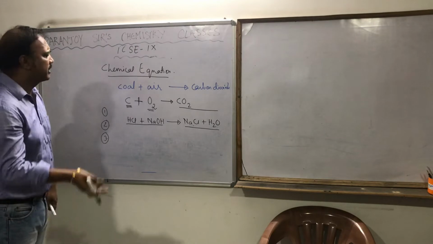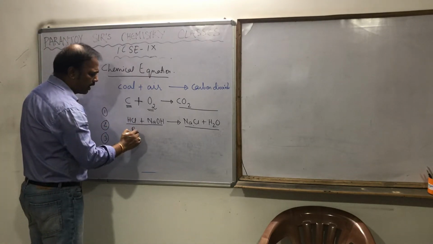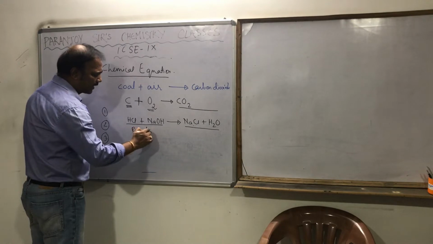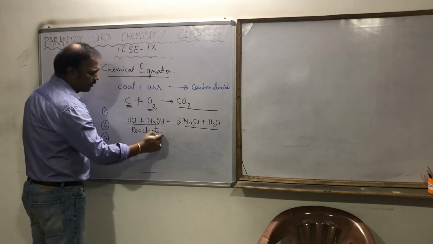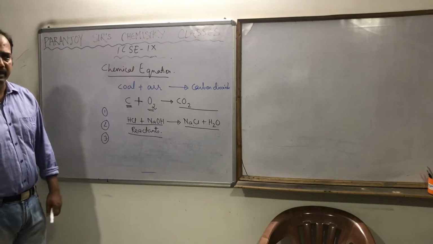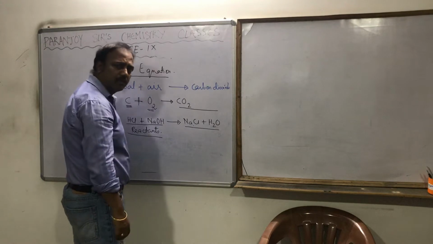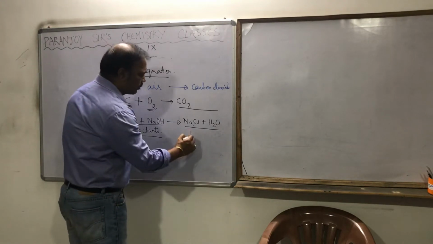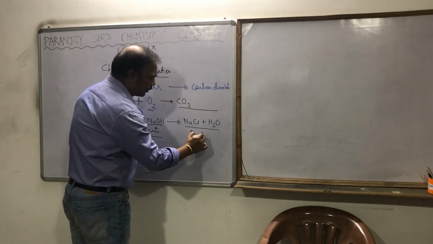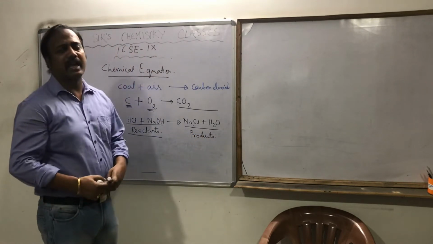The compounds which are undergoing the reaction are called, you must know these terms now, the reactants. So HCl and NaOH are the reactants, and the molecules which are produced are called products. This is reactants and products.